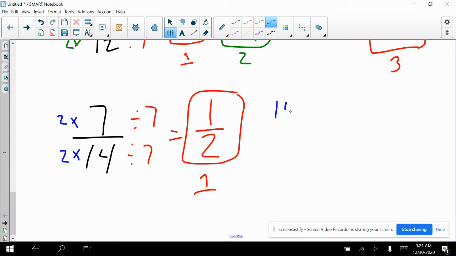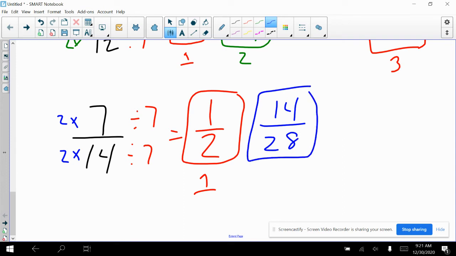So we could have 14/28. That is a second equivalent ratio to the original one, 7/14. So you're either going to multiply or divide. That should not be anything new to you. It's almost like a refresher from chapter 4.